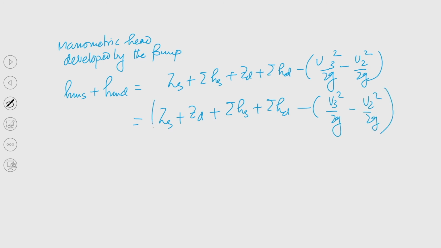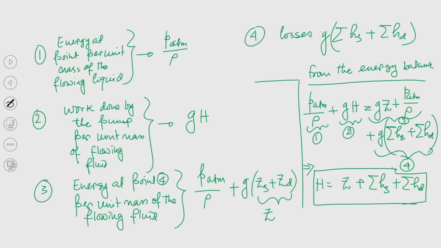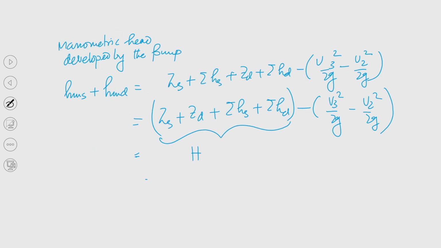Now, see, this quantity is nothing but head H. So, if we now go to the first one, this quantity is H. So, that is the head developed by the pump that we have. So, if H is the head developed by the pump, that is nothing but Z plus Hs plus Hd, where Z is Zs plus Zd. So, basically this is H minus V3 square by 2g minus V2 square by 2g, right.